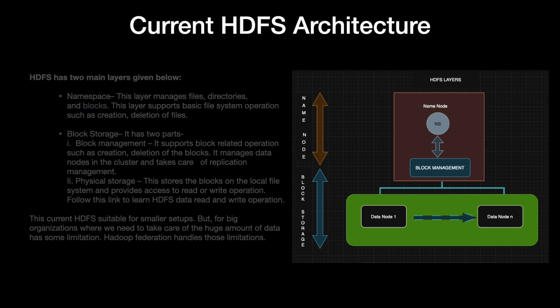If you have understood the existing HDFS architecture, it is basically tightly coupled, has limited namespace scalability and performance, and has no isolation, with no different name nodes. So what is tightly coupled? The namespace layer and the storage layer are tightly coupled.